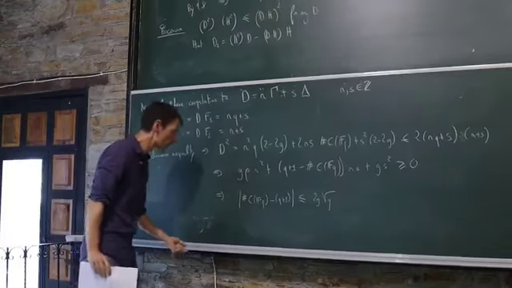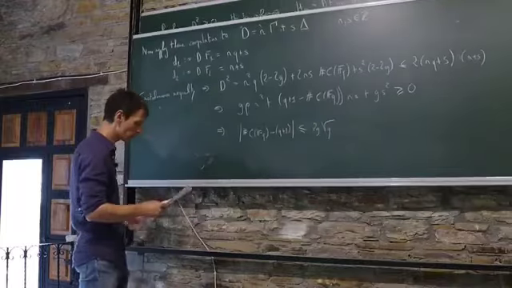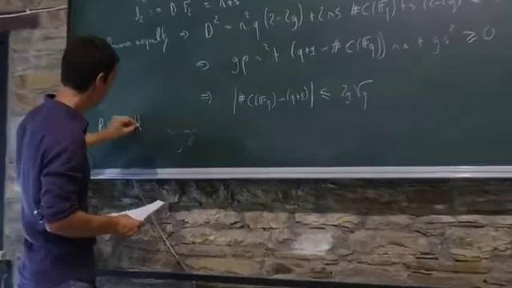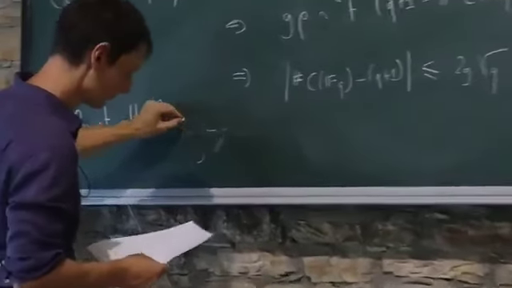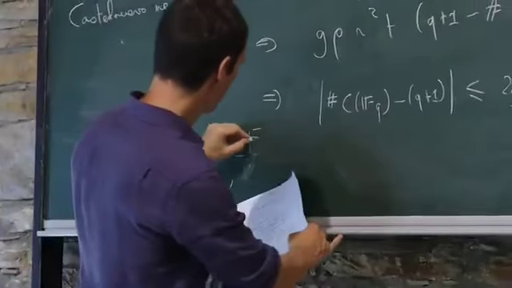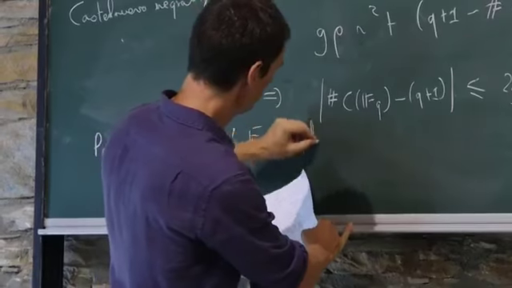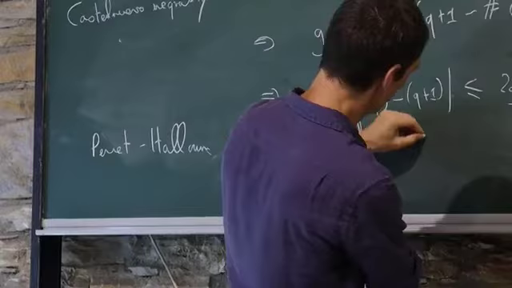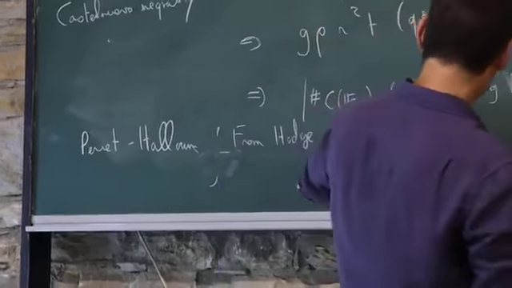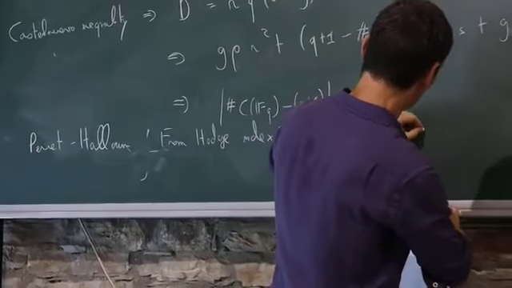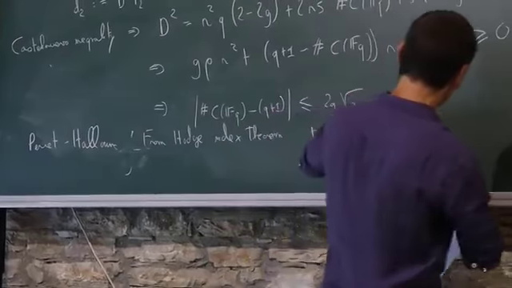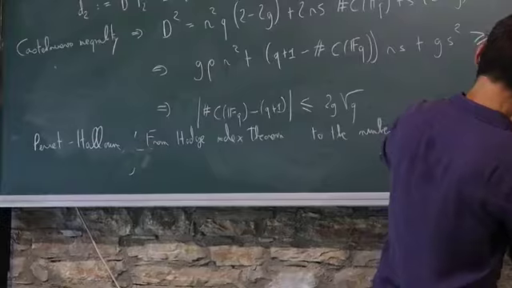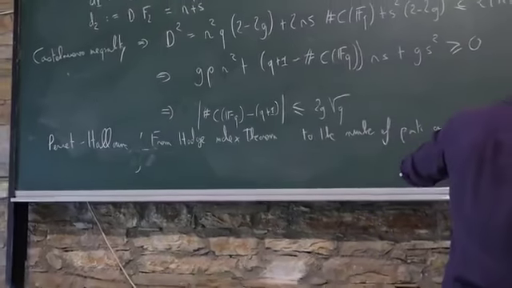If you're curious, you can have a look at an article from Perret and Aubry, which is called From Hodge Index Theorem to the number of points on curves over finite fields.